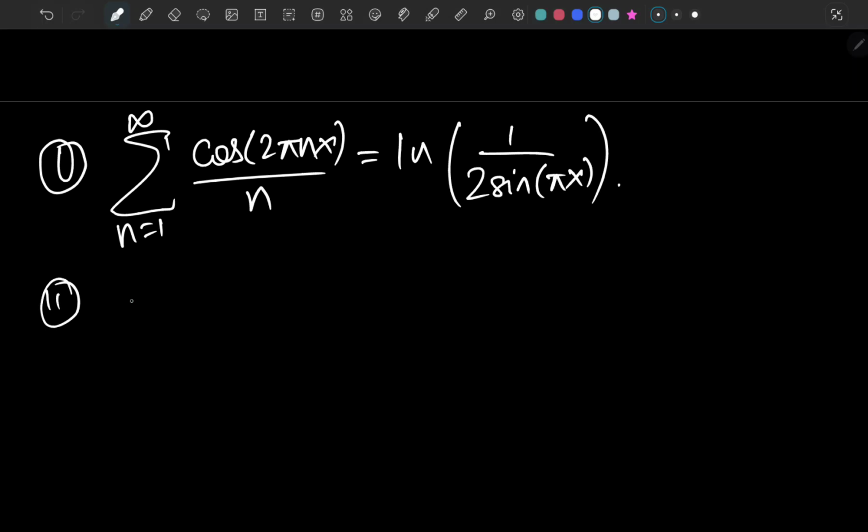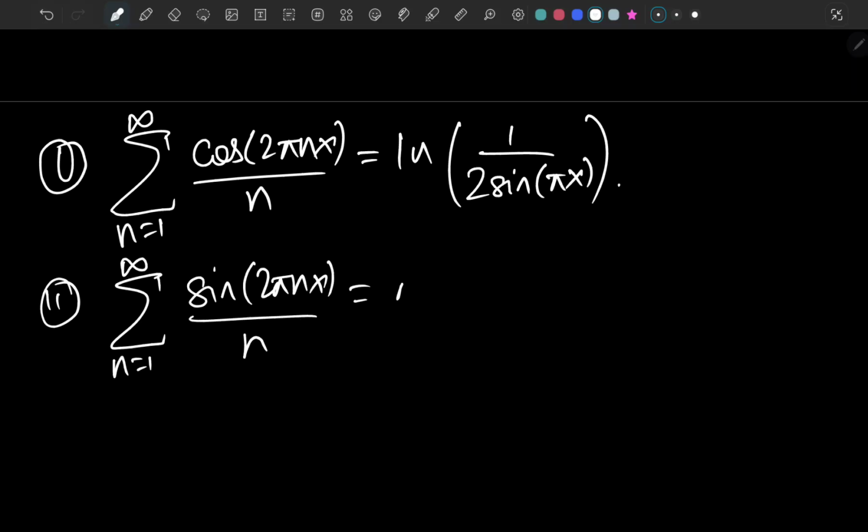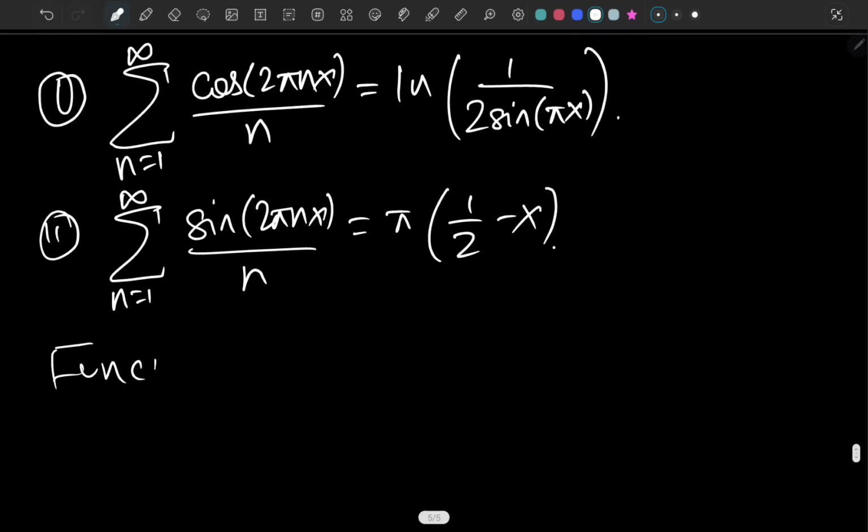And the second one was the sum of sine of 2 pi nx over n. This was pi times 1 over 2 minus x. So these three things, and the functional equation of the Hurwitz zeta function.